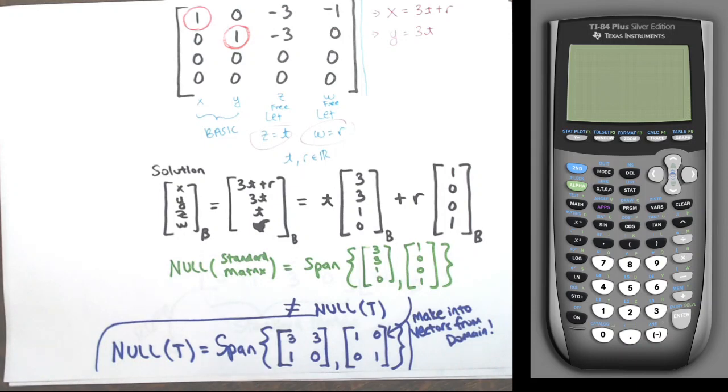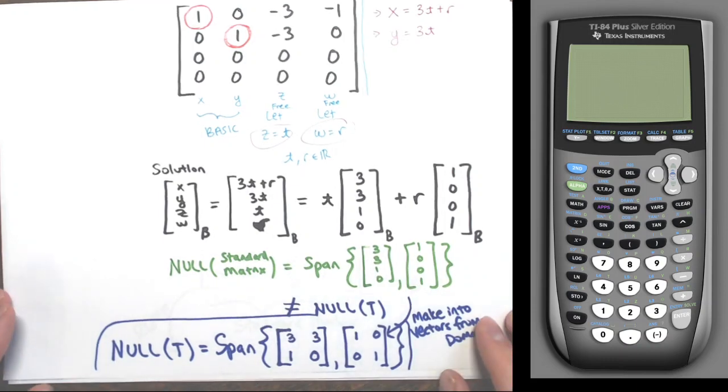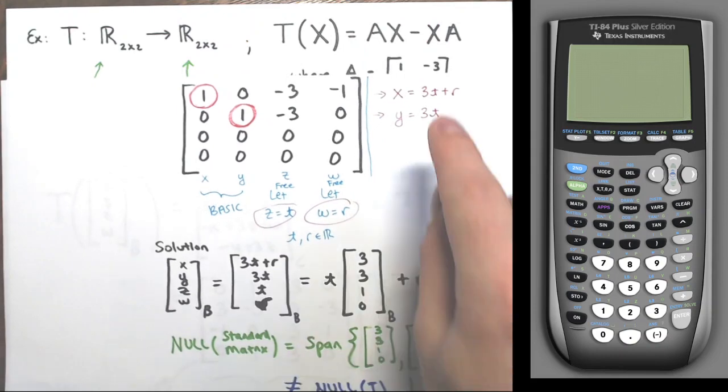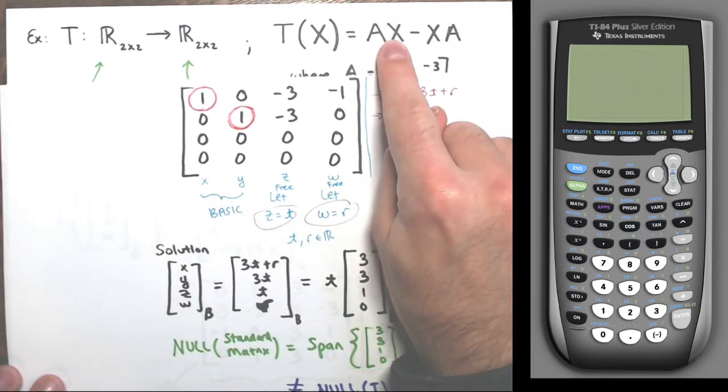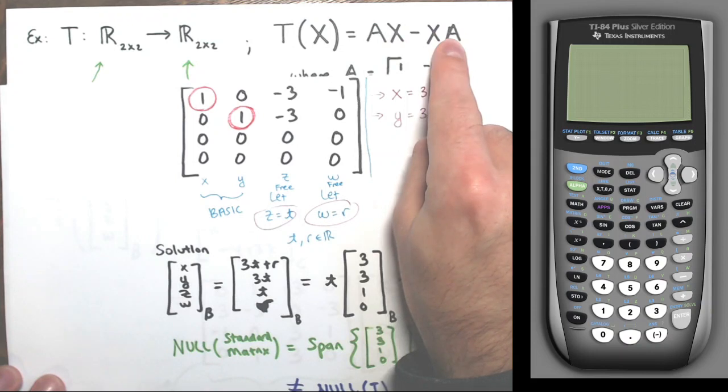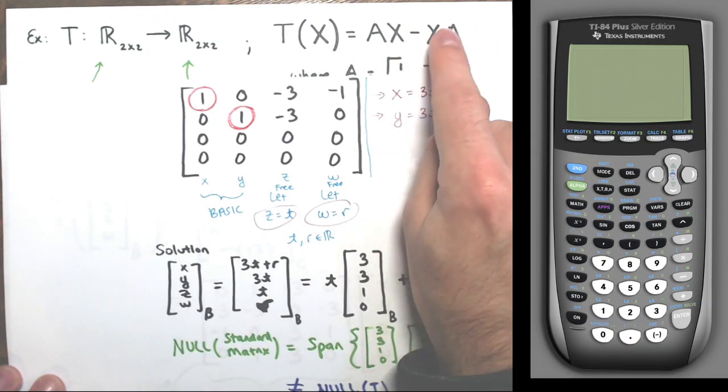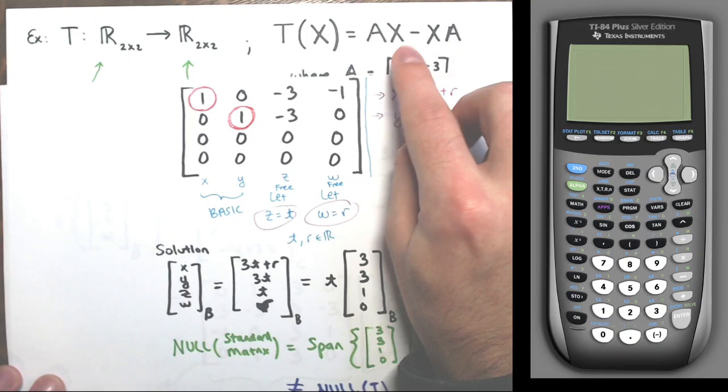Now the thing about the null space of this particular transformation: if this is equal to the 0 matrix, that means we have AX is equal to XA. Right? If this is equal to 0, I just add XA to both sides. We'd have AX equals XA.